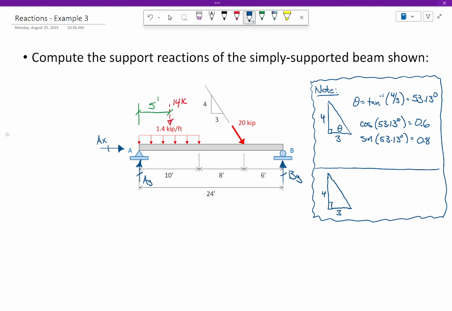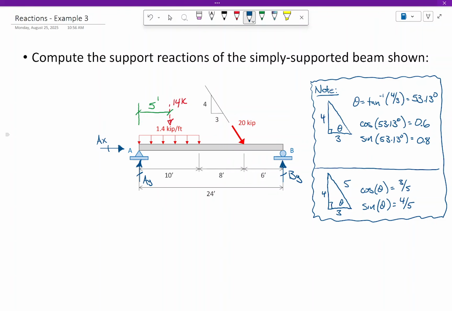If that's 3 and 4, what's the hypotenuse? 5. So the cosine of that angle is, wait, hold on. Adjacent over hypotenuse, sorry, my coffee wore off, is opposite over hypotenuse.